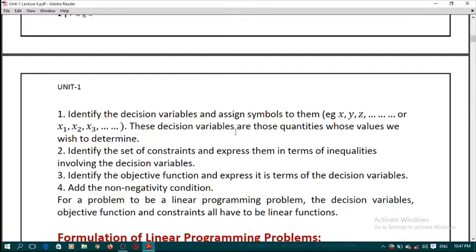These decision variables are those quantities whose values we wish to determine. The second step is to identify the set of constraints and express them in terms of inequalities involving the decision variables. The third step is to identify the objective function and express it in terms of the decision variables. And the fourth one is to add the non-negativity condition. For a problem to be a linear programming problem, the decision variables, objective function, and constraints all have to be linear functions.